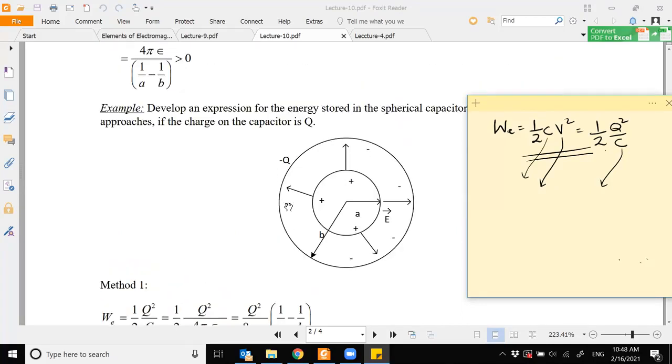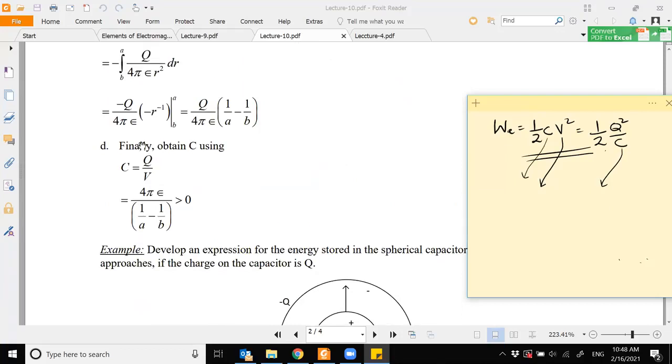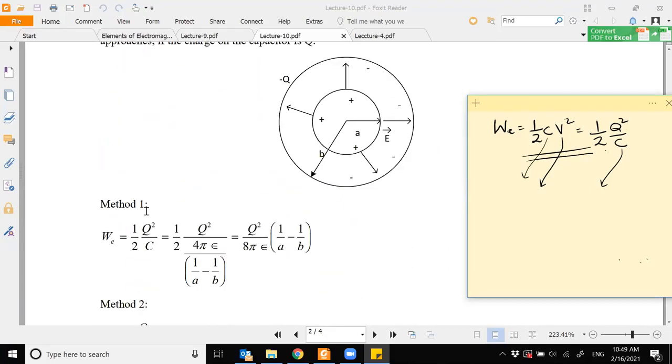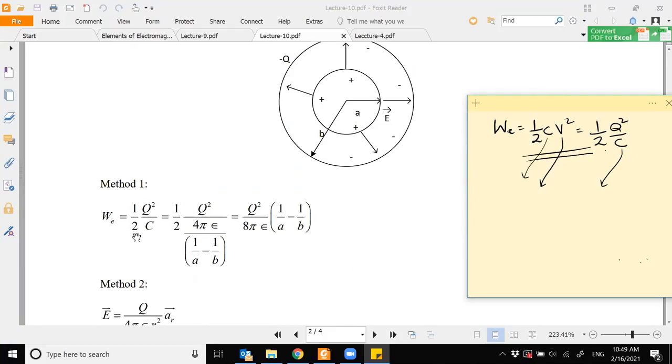The capacitance of a spherical capacitor from the previous example is 4 pi epsilon over 1 over A minus 1 over B. Once I know the capacitance, I can substitute it here, using Q square over C, where C is the capacitance. And this is the answer. This is the first method, method 1.